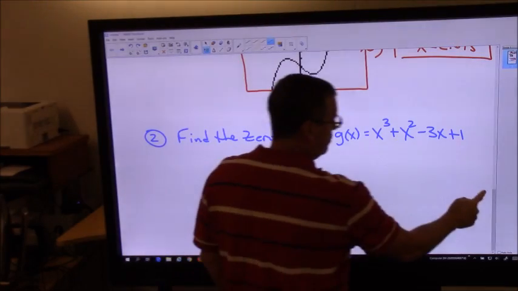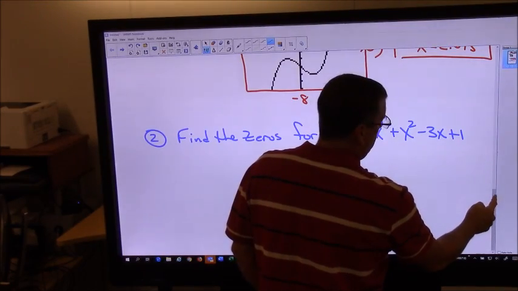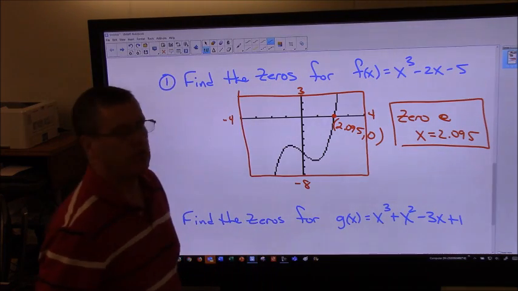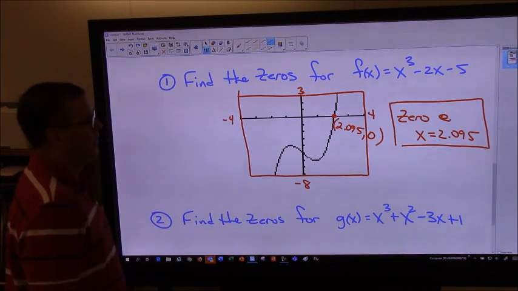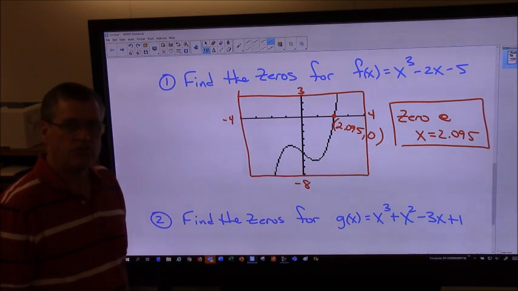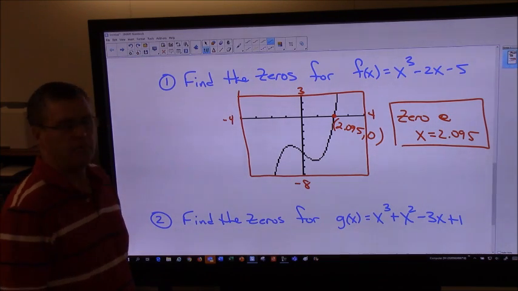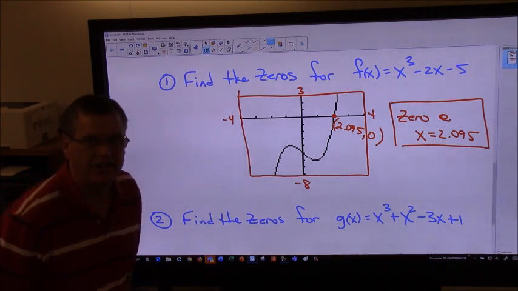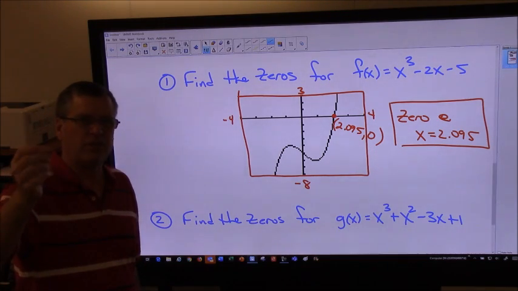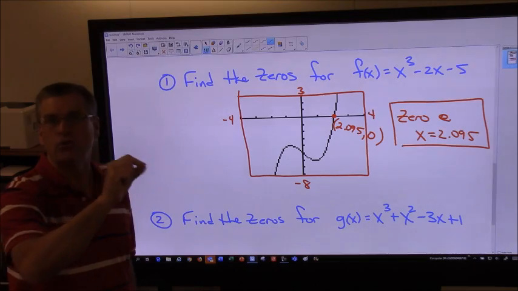Let's back up and mention something here. Why didn't I get 3 zeros for this? There actually are some other zeros for this function, but they are imaginary, if that makes sense. Remember imaginary numbers? You probably talked about them in Algebra 3, 4: your square root of -4 is 2i.